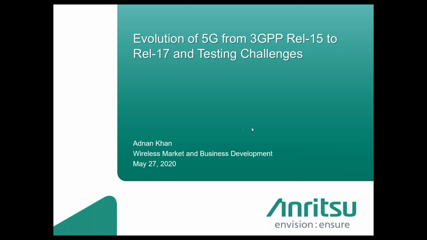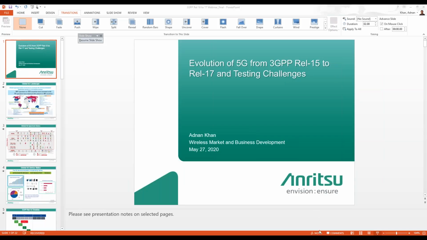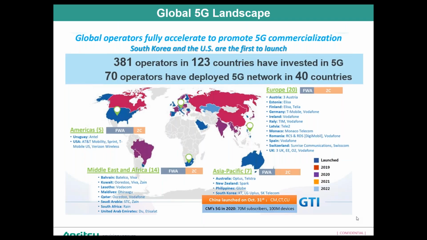So on the 5G side, the global 5G landscape, right? If you look at it right now, roughly 381 operators have launched so far, in a total of 123 countries.